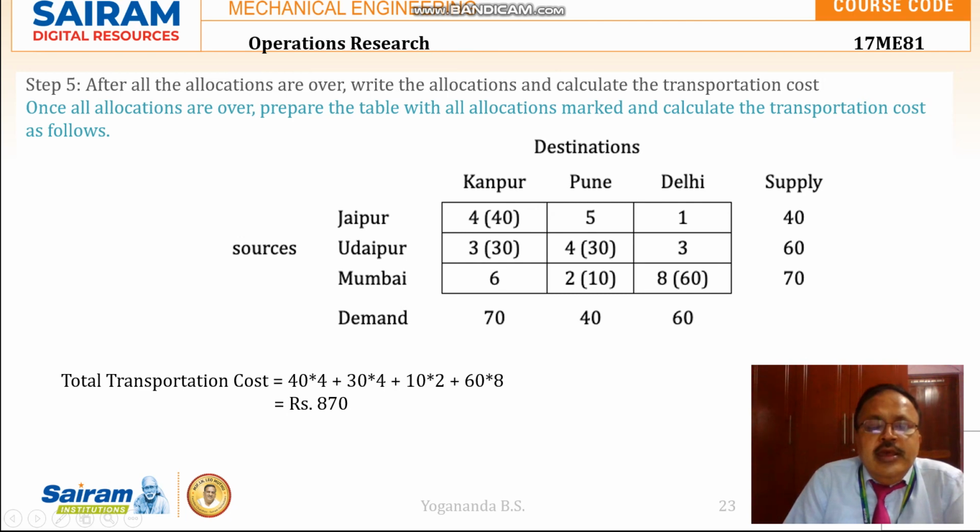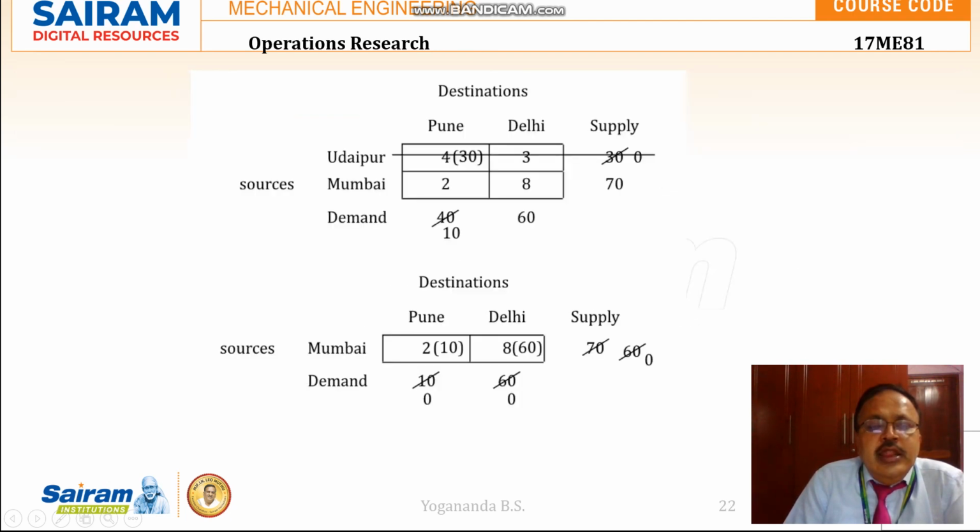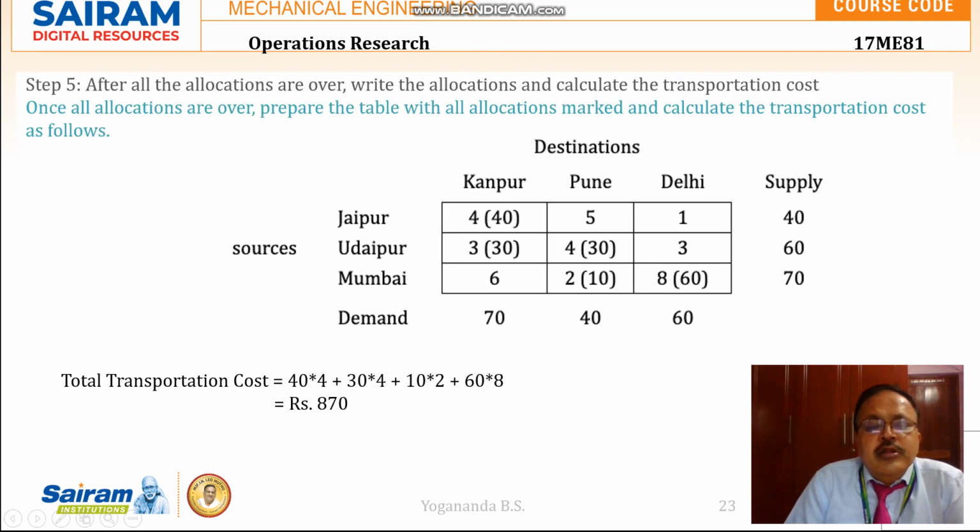Finally, in the last table, the demands were made 0 and the supply column also becomes 0.